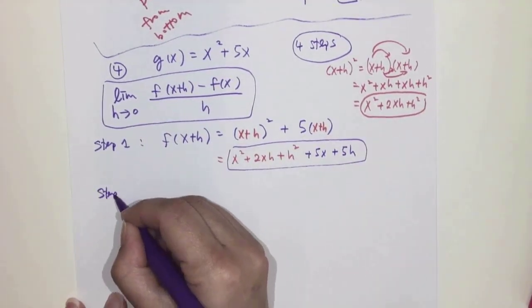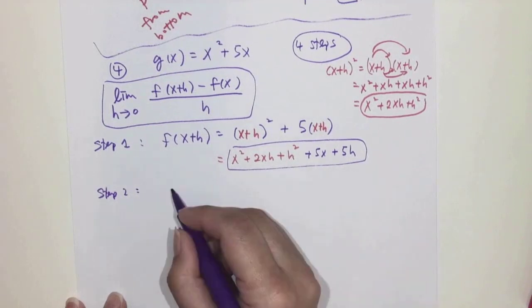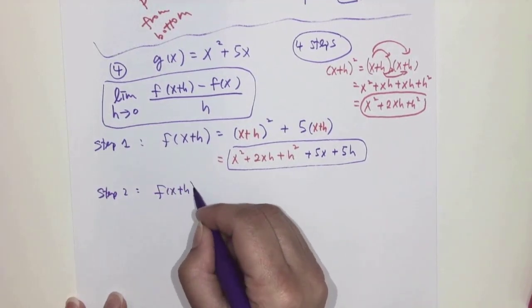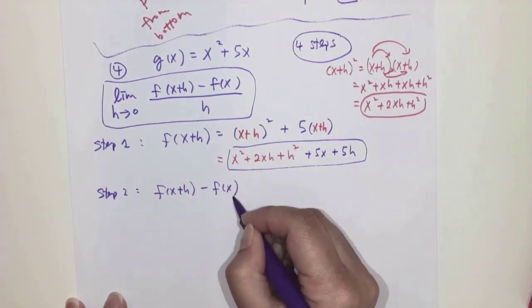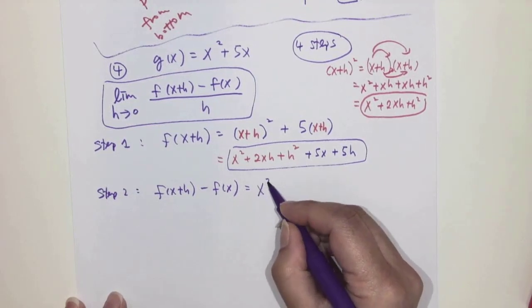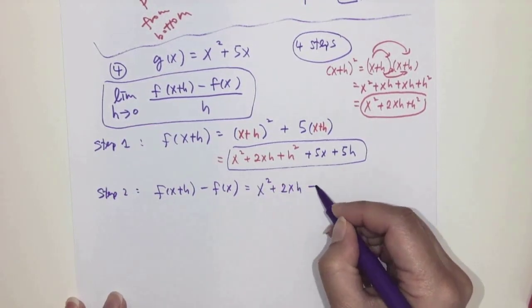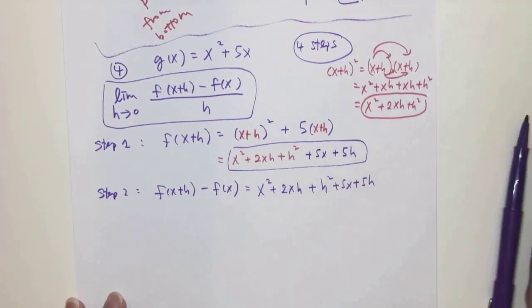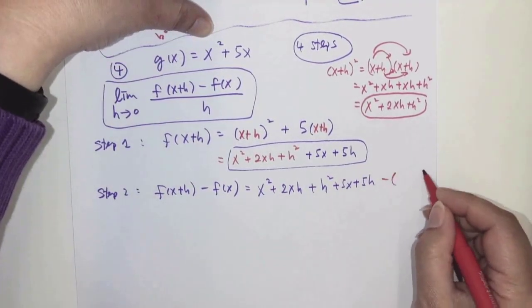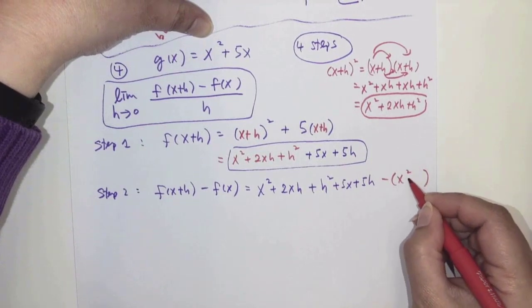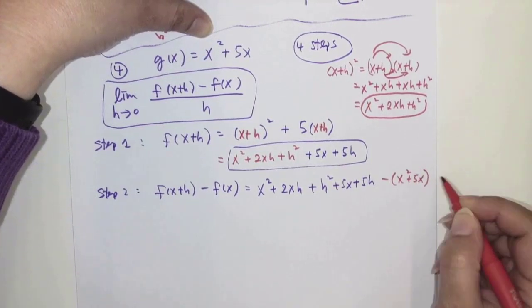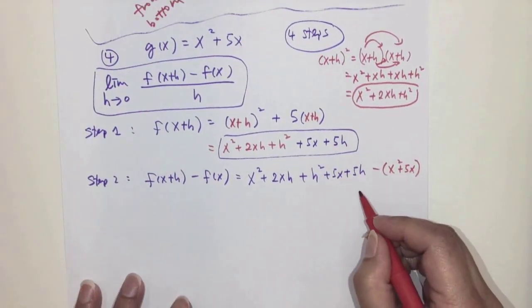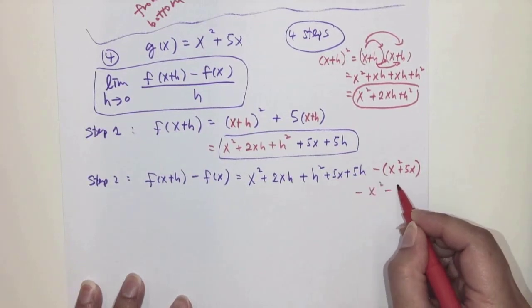Step 2, I need to use what I just got, f of x plus h, and subtract the function. Write down what we just got: x squared plus 2xh plus h squared plus 5x plus 5h. Subtract this whole function, meaning you need to distribute the negative inside, so that would be minus x squared minus 5x.